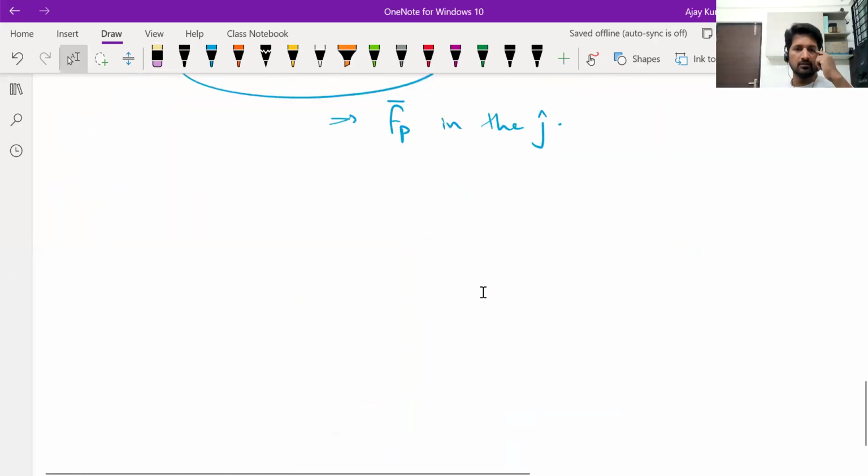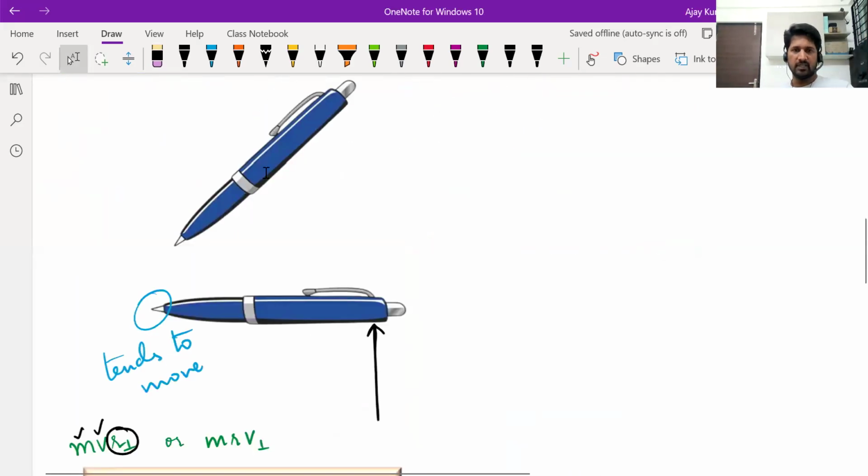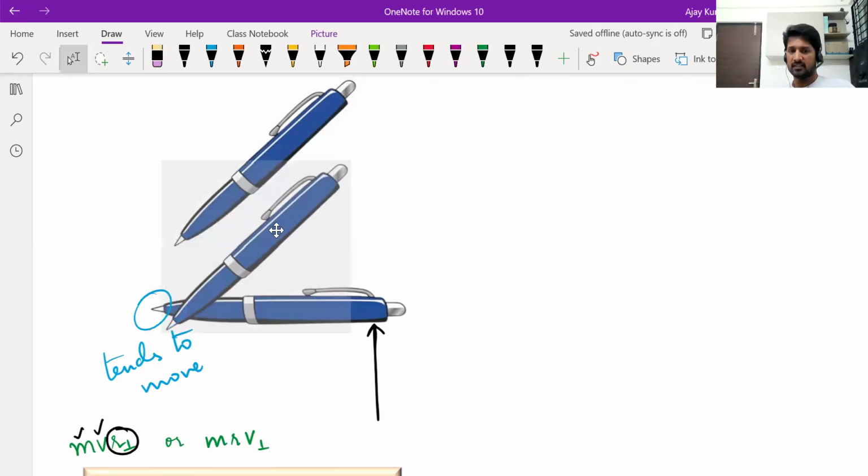So let's go to that pen diagram again. When you hit the pen at one end, you know it rotates anti-clockwise and goes forward. Ultimately, the left end of the pen moves forward only. But what we are discussing in the problem is what happens just after the hit. So what happens just after the hit, had the pen been free, must have been something like this.